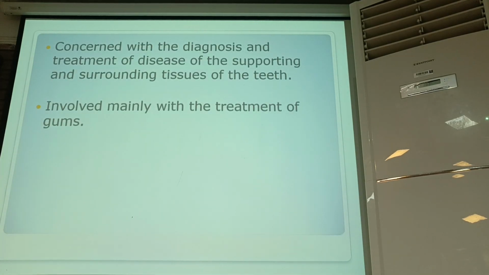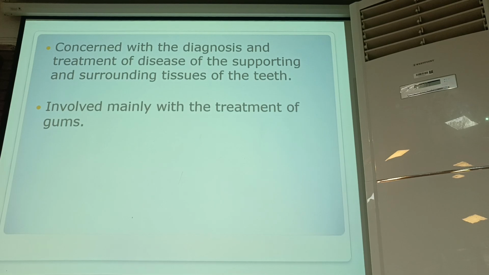And the cementum. Periodontium is a mixture of 4 different tissues. The Department of Periodontics is concerned with the diagnosis and treatment of diseases of the supporting and surrounding tissues of the teeth. As I said, periodontal ligament, gingiva, cementum, and alveolar bone.